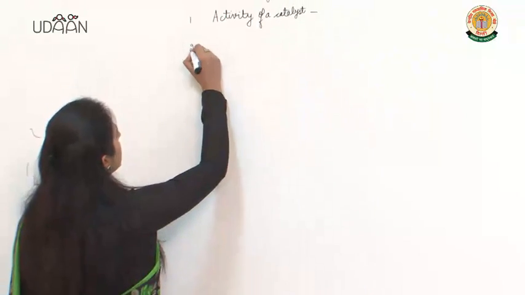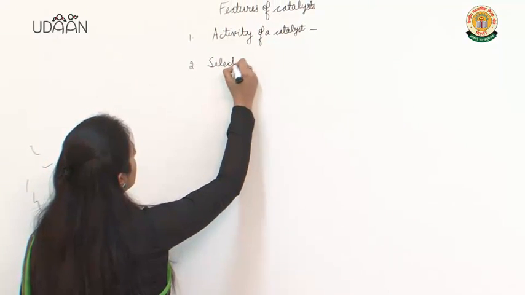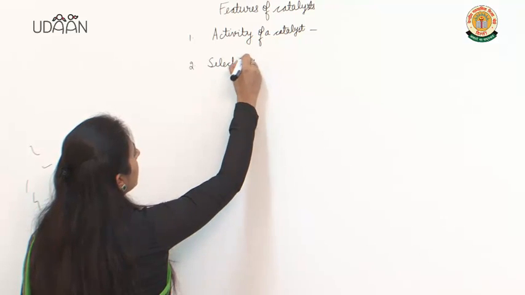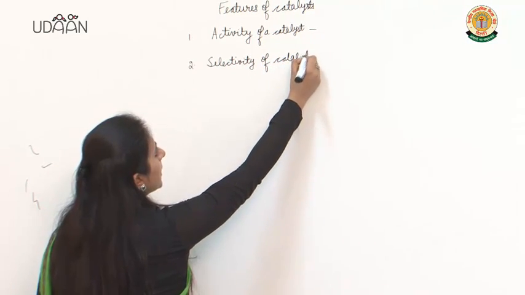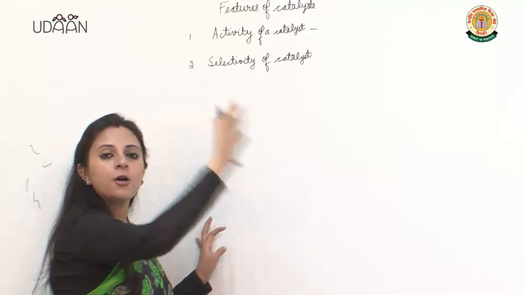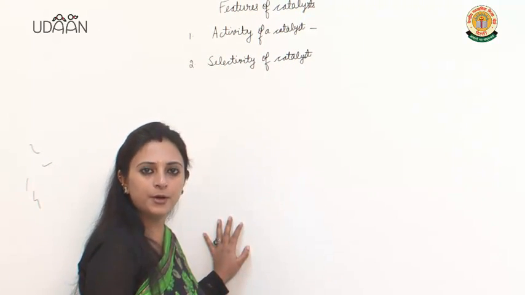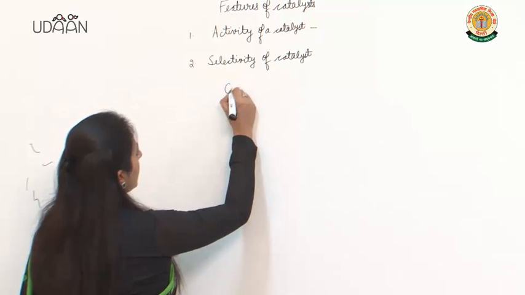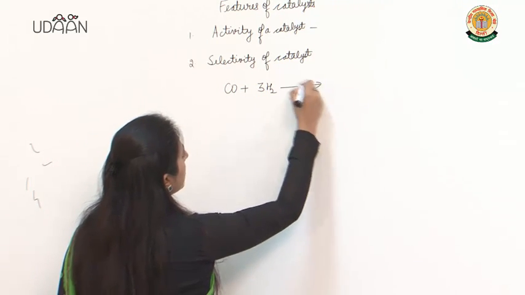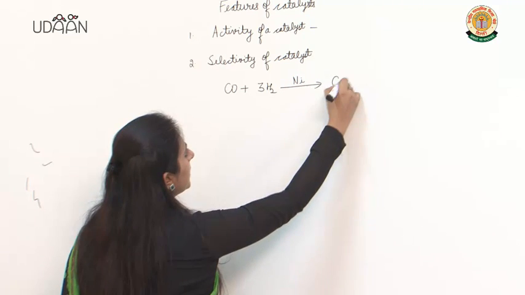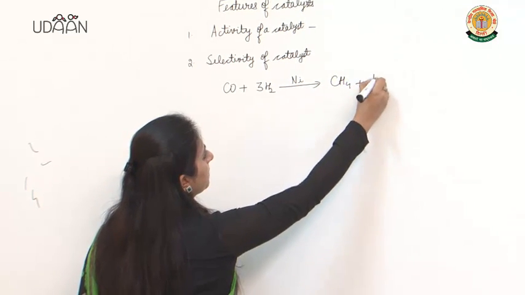What is selectivity? Selectivity means that a catalyst can direct the reactants to form only a particular product. Let us take an example. If I take CO plus 3H2 and I use nickel as catalyst, I will get methane and water.